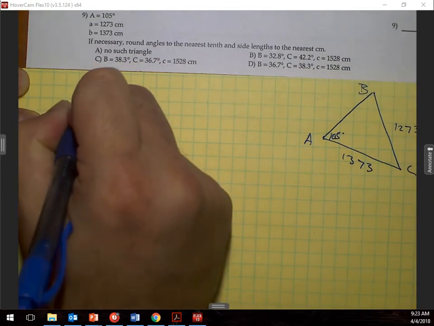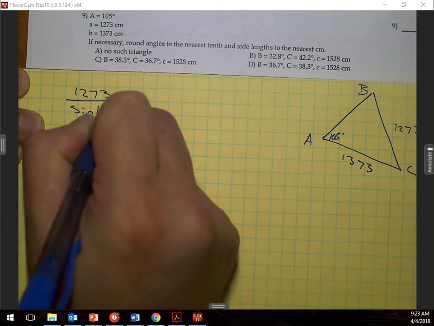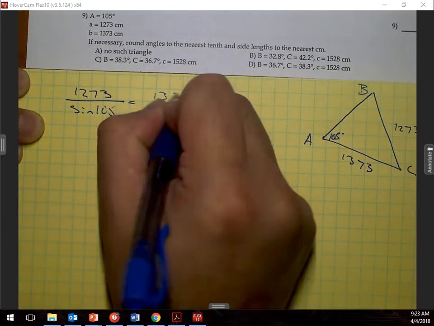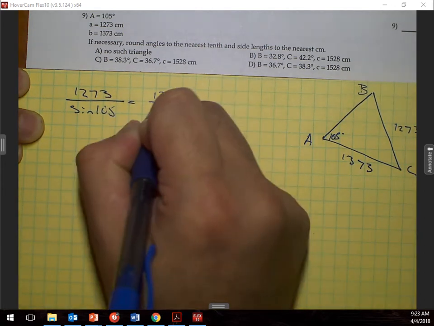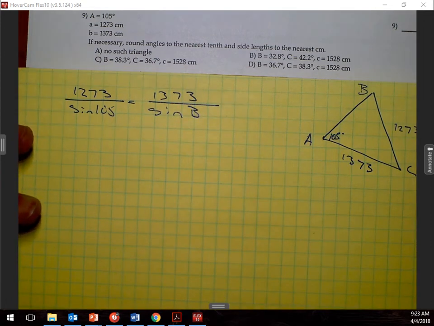So 1273 over sine of 105 is equal to 1373 over sine of B. Okay, you guys should be able to figure out the pattern on this one by now, right?